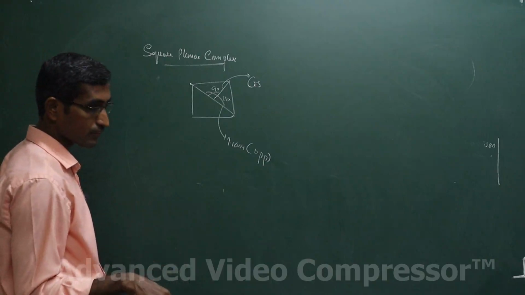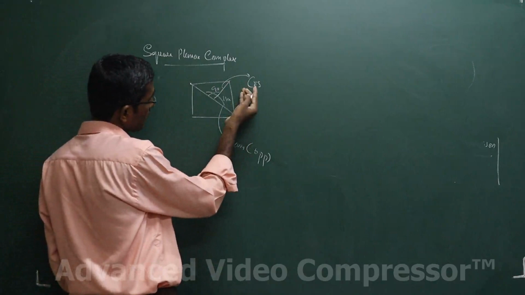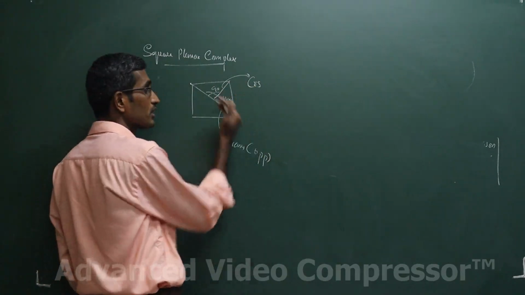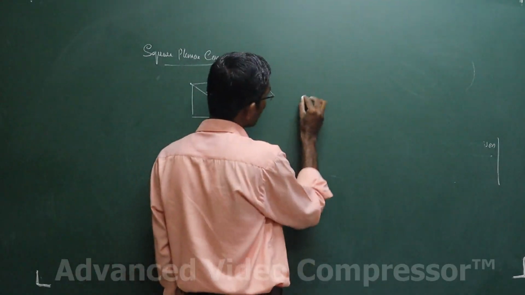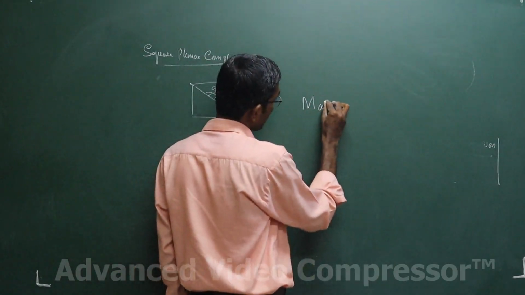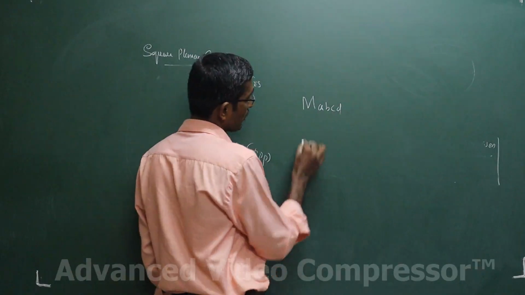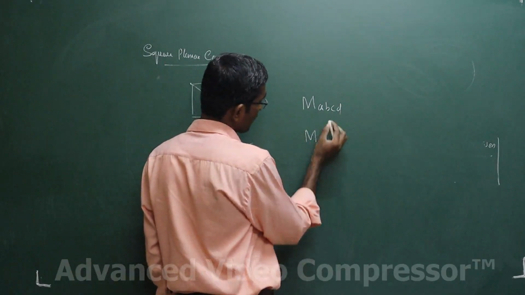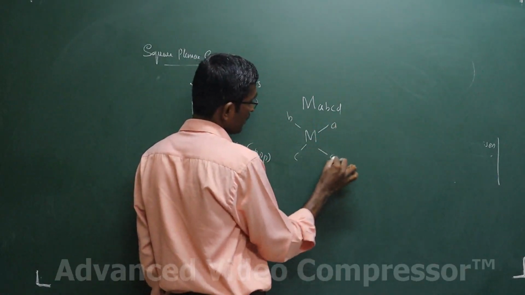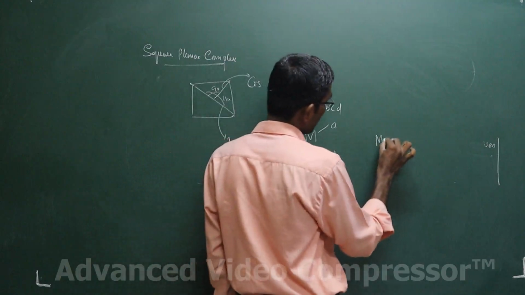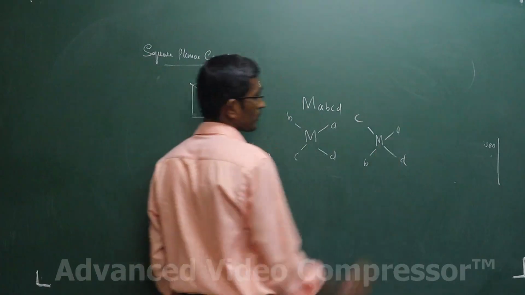We'll repeat again. In the square planar complex, geometrical isomerism is possible because it satisfies the condition: you have two different sides, an adjacent side and an opposite side. One is 180 degree, another is 90 degree. For example, take a metal ion at the center with A, B, C and D. In one case, A and B are at the adjacent side; in the second case, A and B are at the opposite side.